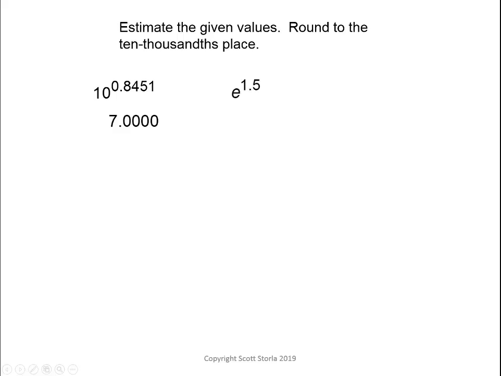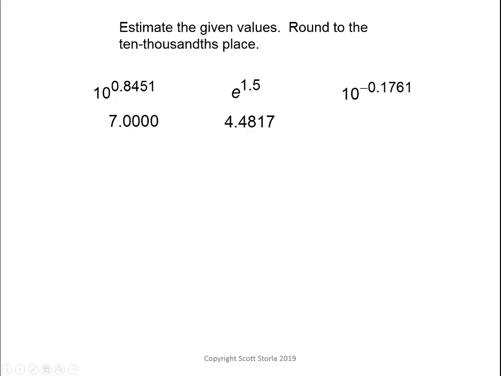Try this one. In this case, I'll have to do second or shift and then ln. After putting in an exponent of 1.5, I get a value close to this. Here's another.